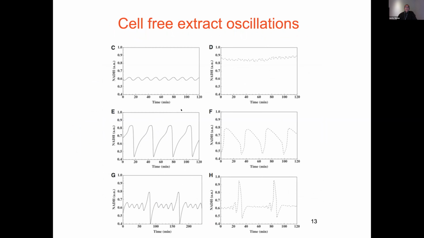Here are some other validation steps that we did. If you work in a continuous system and you increase the influx of substrate, you get different dynamic behavior. At low flux values, in the top, you see that the simulations as well as the data look fairly sinusoidal, right?